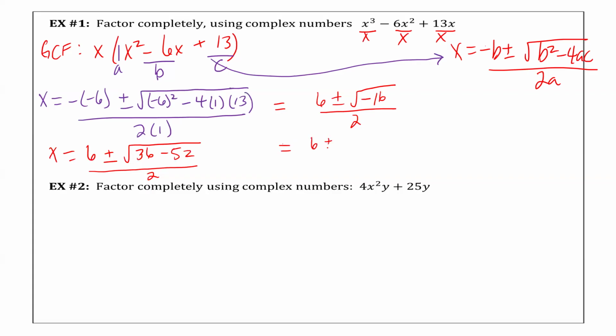So x equals 6 plus or minus, what's the square root of negative 16? Plus or minus 4i. If I'm taking the square root of a negative, it has to have the i. All over 2.